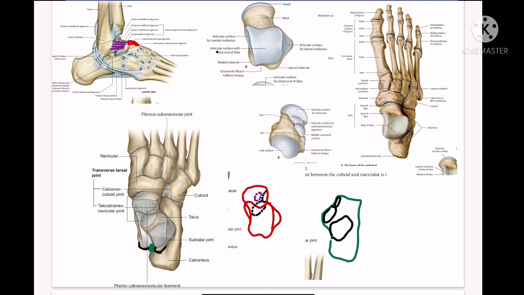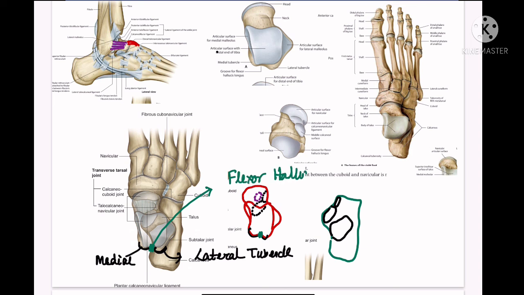and on two sides of the groove there are two tubercles that project on the two sides. One is the medial tubercle, one is the lateral tubercle. So two tubercles, medial and lateral. In between them there is a groove, and that groove is for the tendon of flexor hallucis longus.